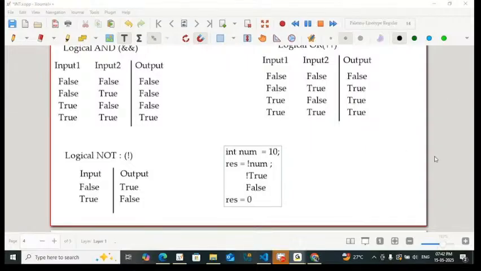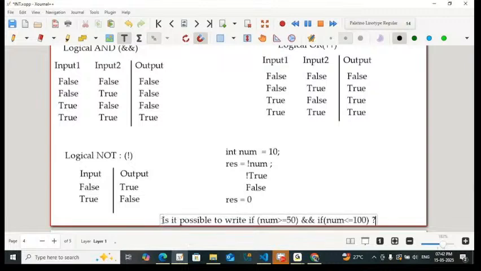Arav is asking, is it possible to write if num is greater than or equal to 50 and if num is less than or equal to 100? No, you cannot use two ifs like this.